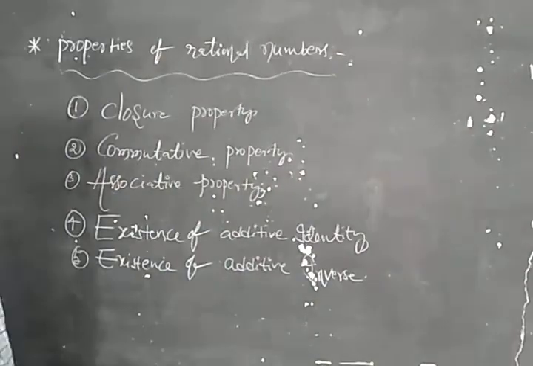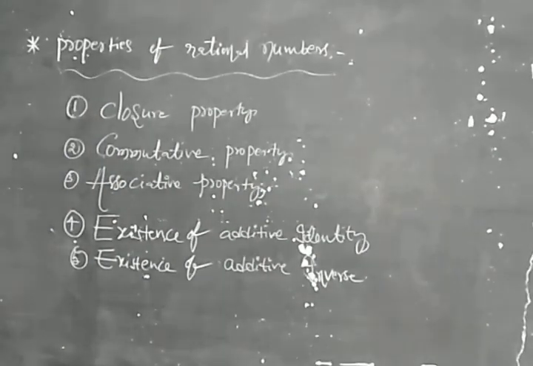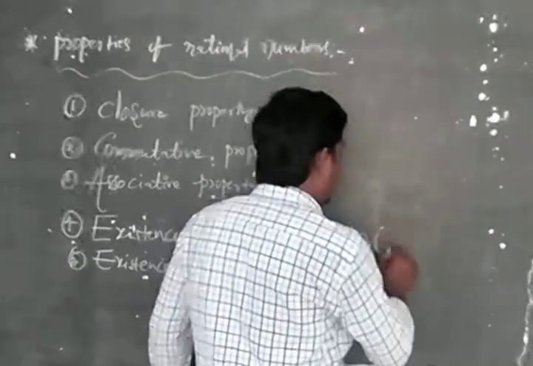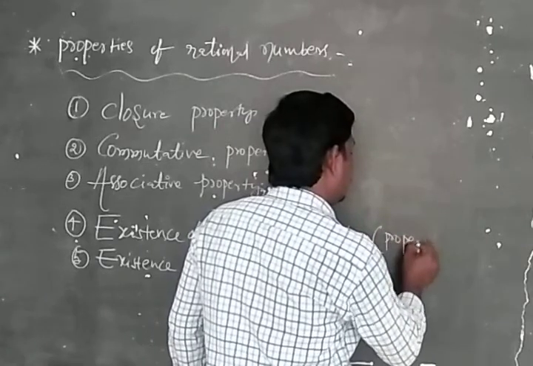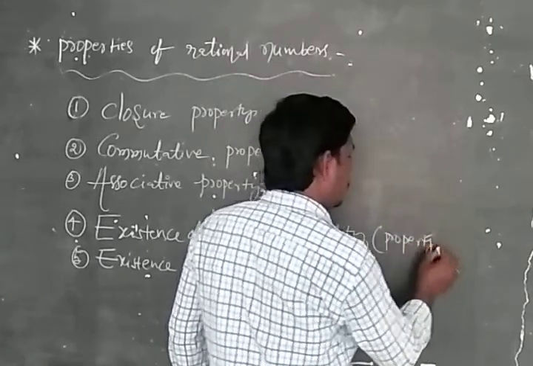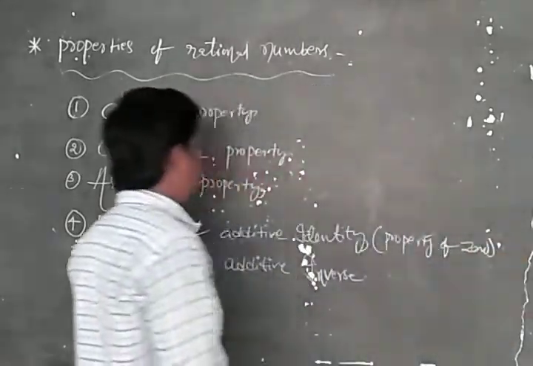Existence of additive identity is also called property of zero.